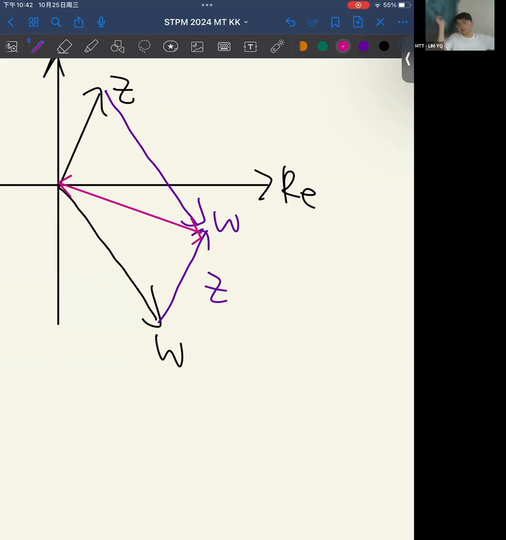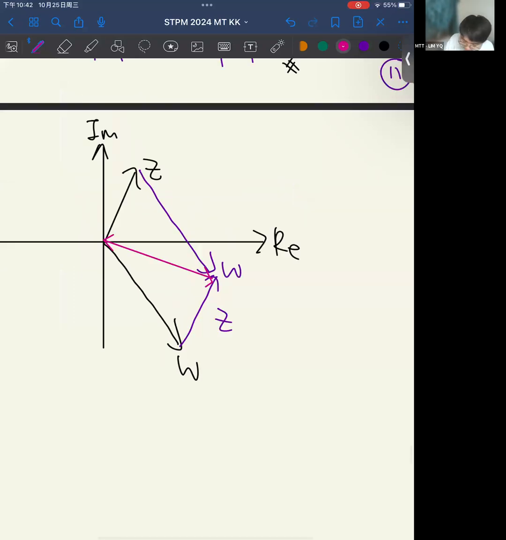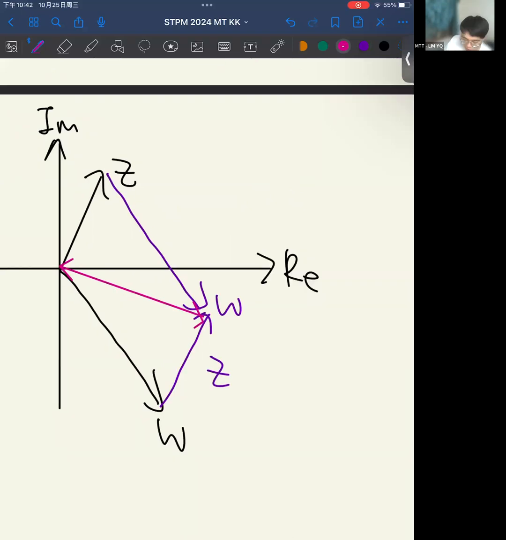Diagonal means from one corner to the opposite corner. If in terms of vectors, so that's why you also need some of the vector thing. Here is Z plus W, vector addition. So here actually is another vector called Z plus W.